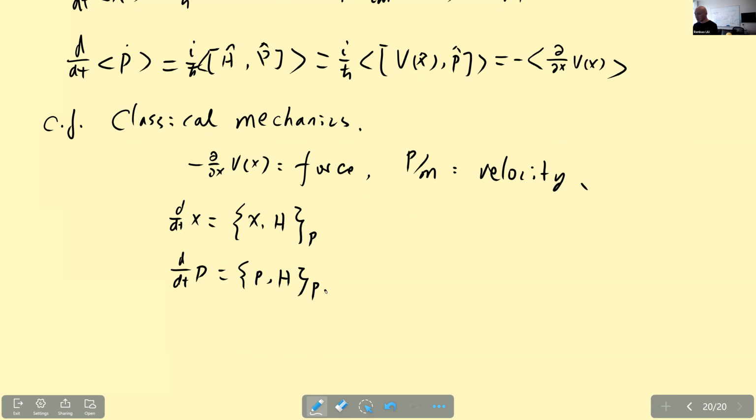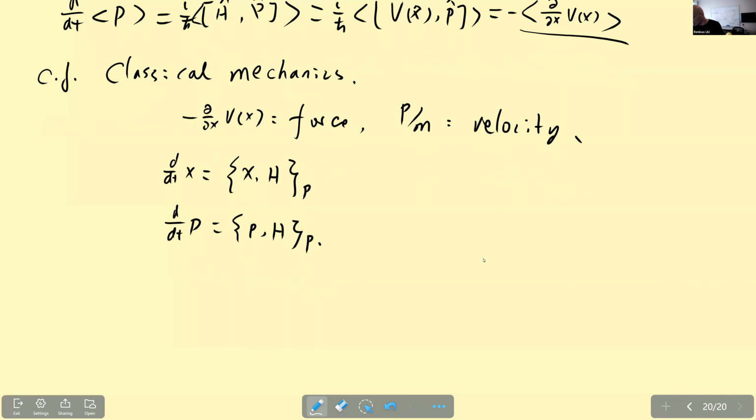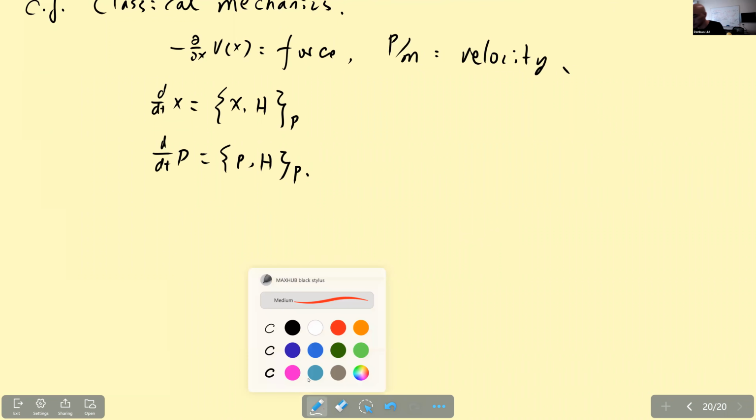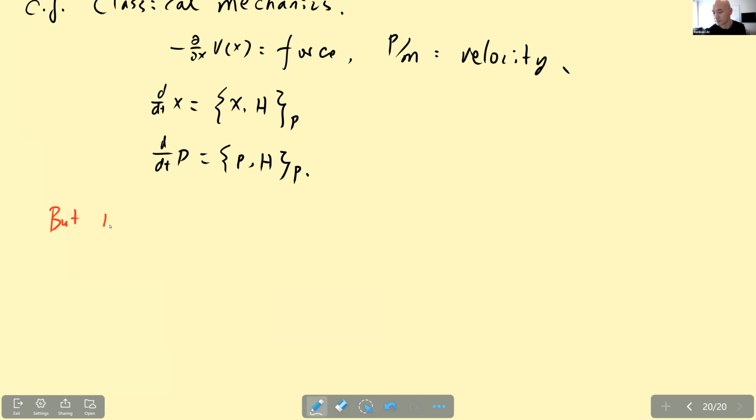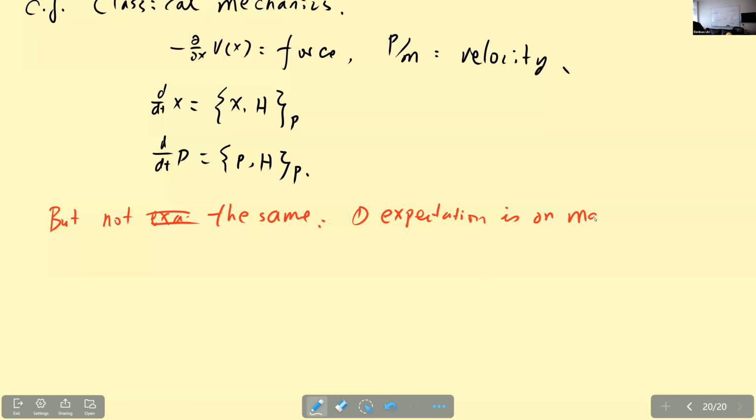But they're actually not exactly the same. First of all, the expectation value is over many shots of measurement in quantum mechanics.